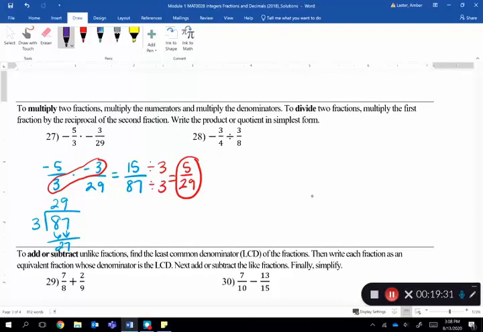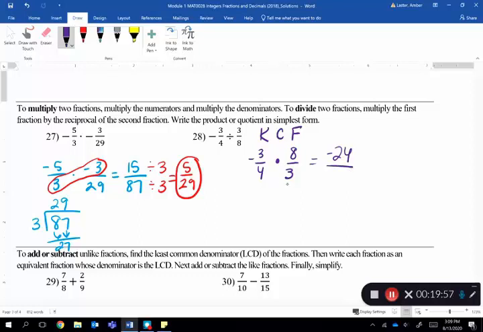Negative 3 over 4 divided by 3 over 8. So this is where we're going to use keep, change, flip. We're going to keep the negative 3 over 4. We're going to change to multiplication, and we're going to flip the 8 over 3. And now we can multiply like we normally would. Okay, so you do negative 3 times 8 gives me a negative 24.